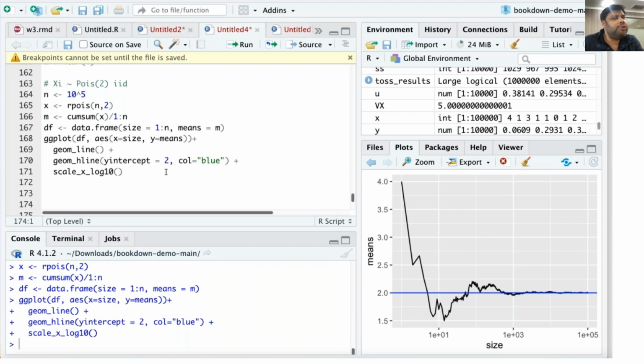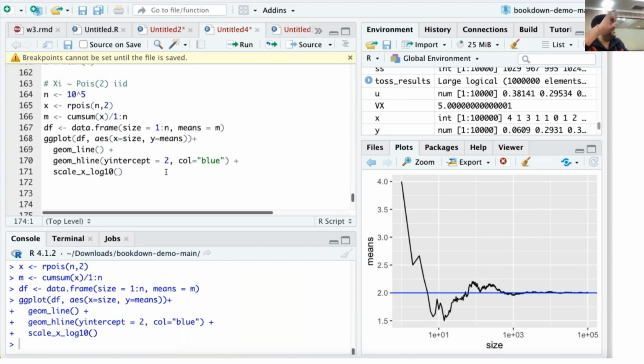If you want, you can also add more paths in the same graph to see that all the paths will be converging to that. The variations for small sample sizes will be very high. Variations for large sample sizes will be relatively small. This is because, as we have just seen, the variance of the sample mean is sigma squared by n.